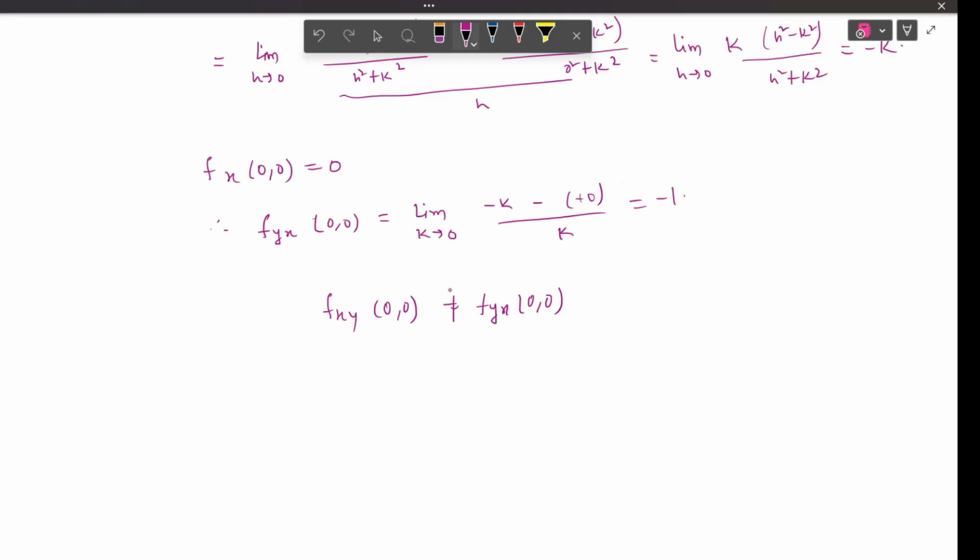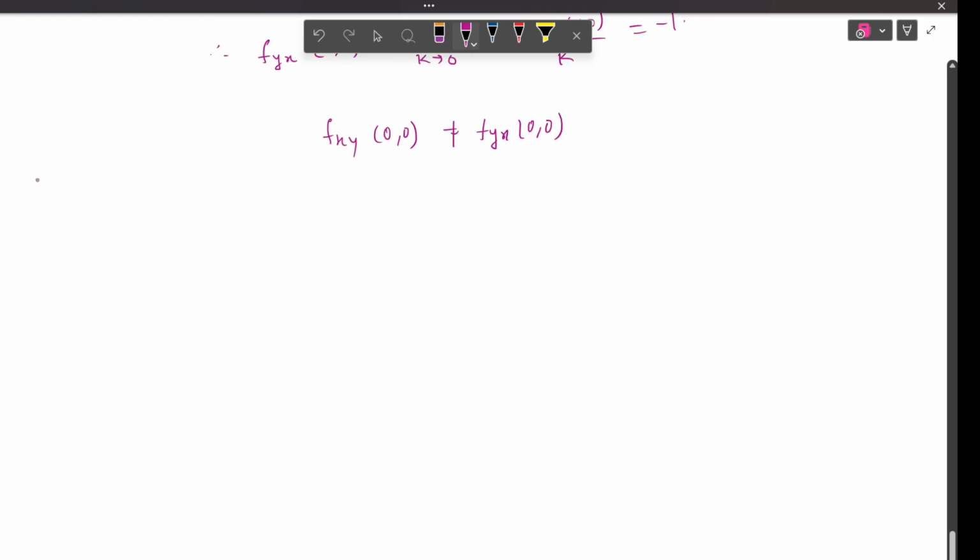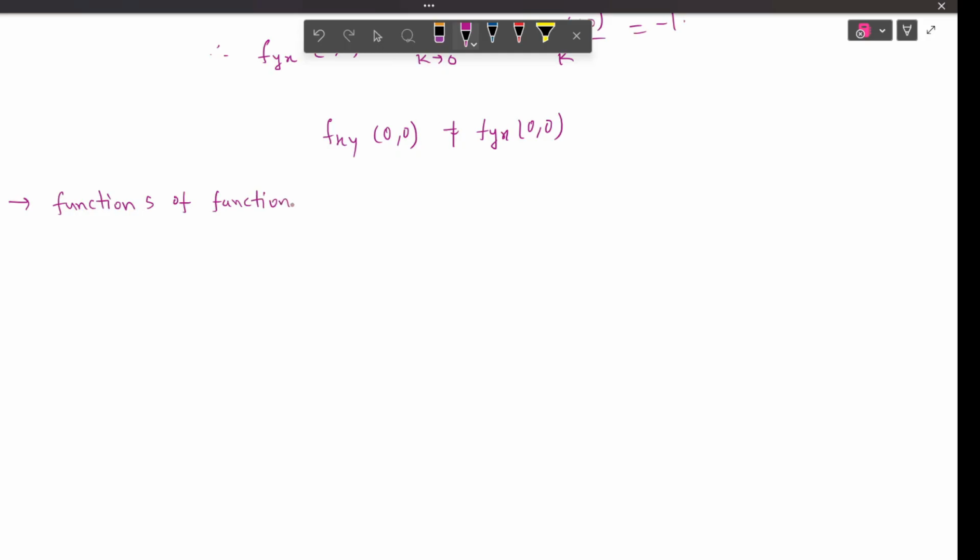Okay, now we are not going into that thing. So, moving forward to our next concept, which is functions of functions. That is, we have to apply the chain rule. Functions of functions. Chain rule.